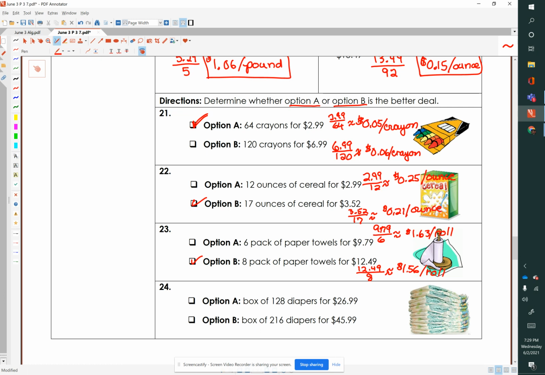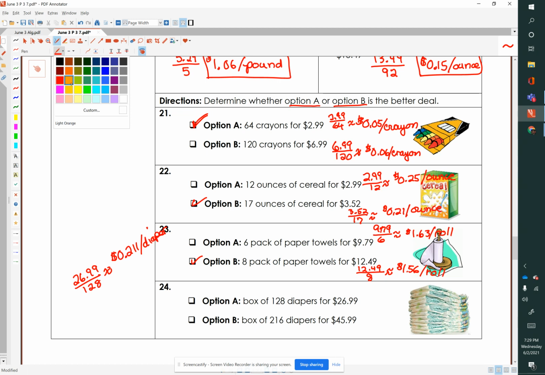And number 24, we're buying diapers. We can buy 128 diapers for $26.99. And that's going to be approximately 0.211. So it's a little over 21 cents per diaper. The second option, let's change our color for that. $45.99 for 216 diapers.